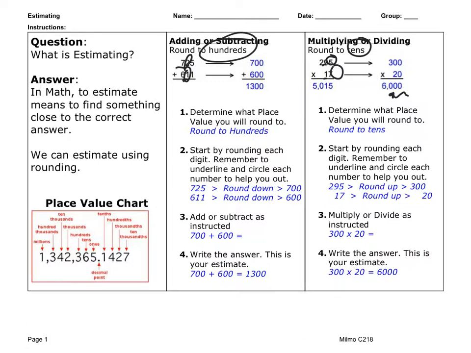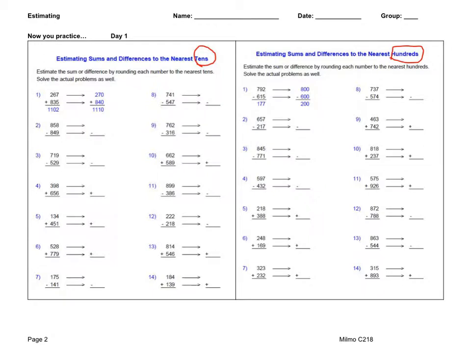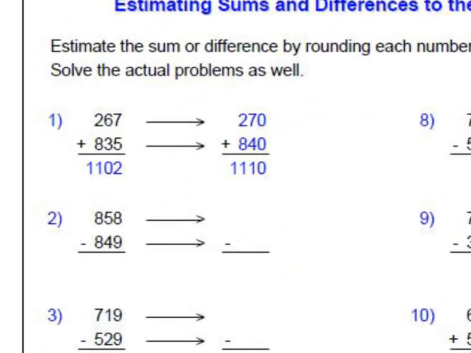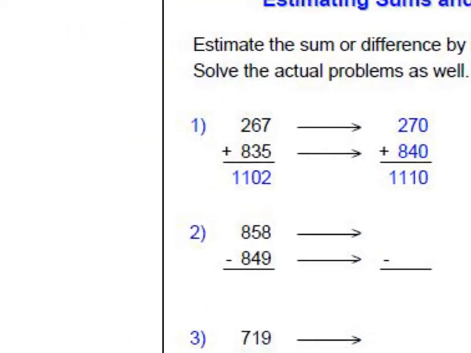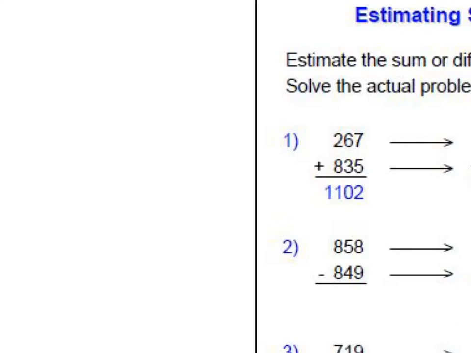Okay, so let's work on some examples, okay? From page 1, okay? We'll do the example, even though it's already done there for us, but that way we'll be able to do it. 267 plus 835, okay? So, we know the answer already, without rounding.